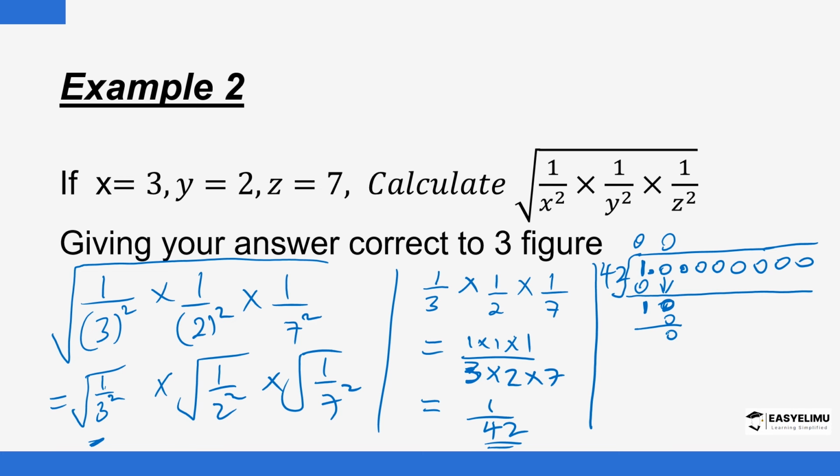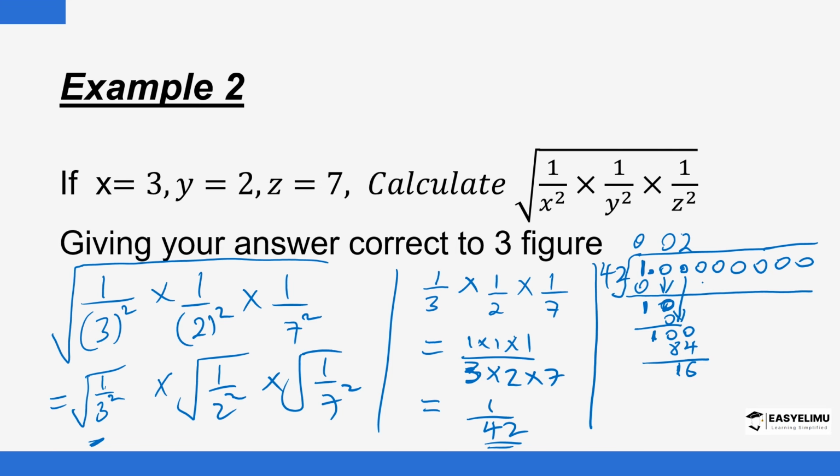So if you subtract, this is 10. So you drop the next 0. 42 goes into 100 two times. 2 by 42 is 84. So this is going to be 6. We borrow 1 from here. It's 9. 9 minus 8 is 1.